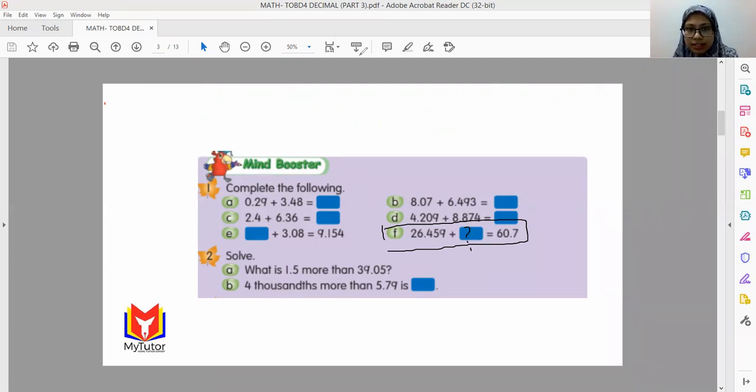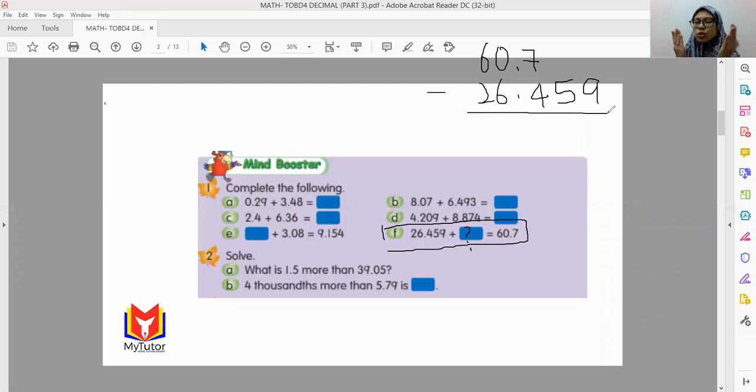So we have 60.7 minus 26.459. Minus as usual.